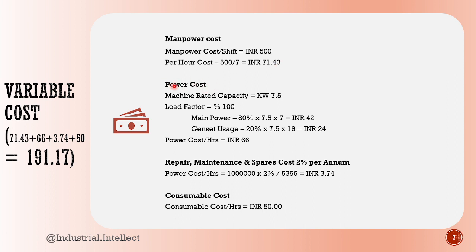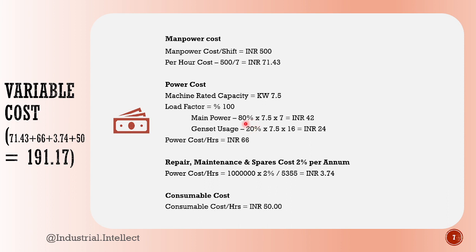Then the power cost. For power cost, we consider a 7.5 kilowatt consumption for that machine, and load factor we have considered 100%. We have taken that 80% of the time the machine will run on regular electricity, and 20% the genset is also utilized in case the power goes off.